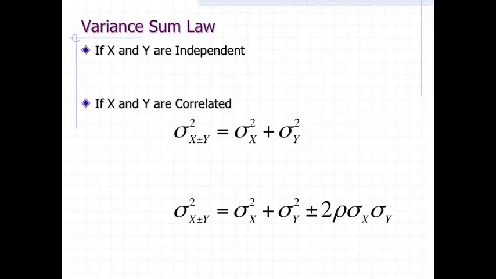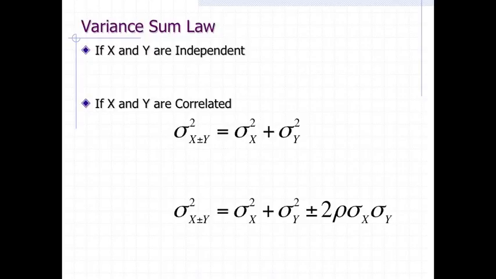When x and y are correlated, the same formula is used with an additional expression included that accounts for the relationship between the two variables. This expression is the correlation between the two variables, expressed with the symbol rho, times the standard deviation of x times the standard deviation of y.